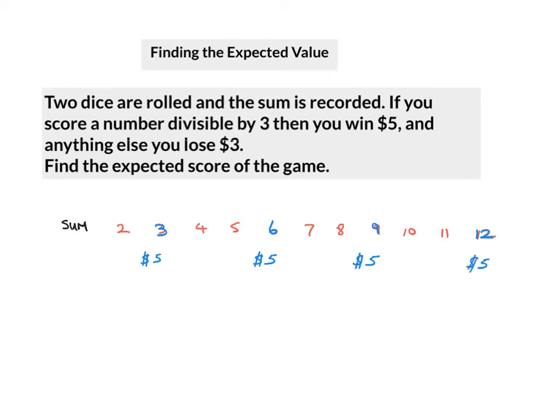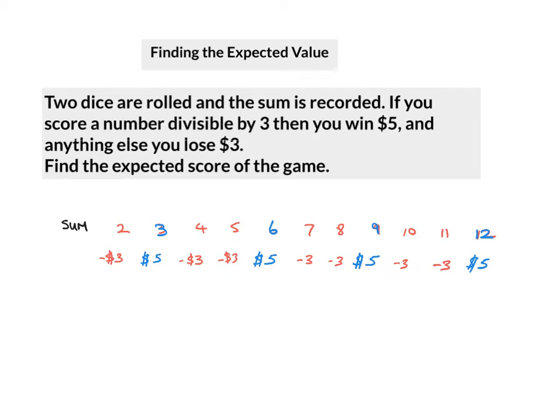And if it's not, then you lose $3. So that would be a loss of $3, minus $3, minus $3, minus 3, minus 3, minus 3, and minus 3.